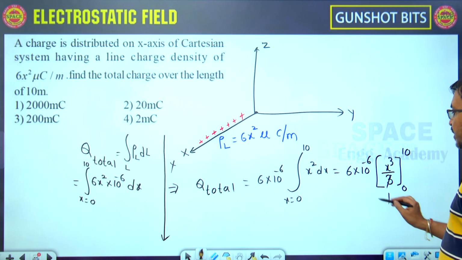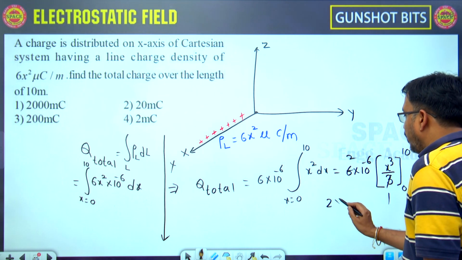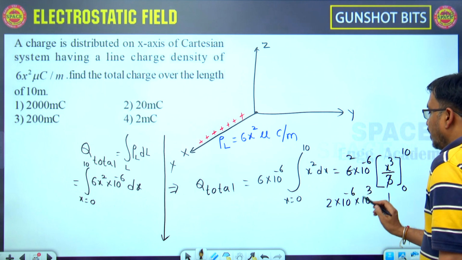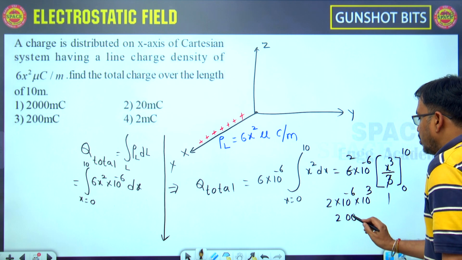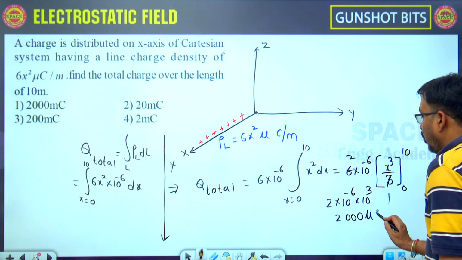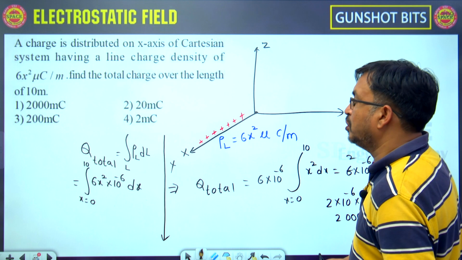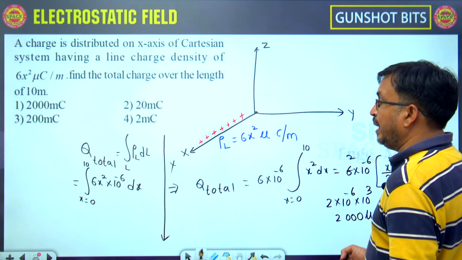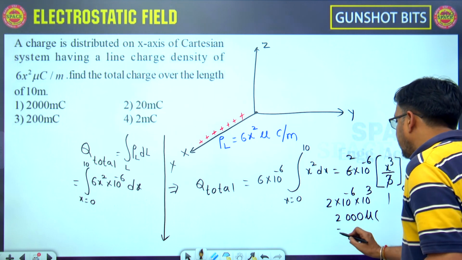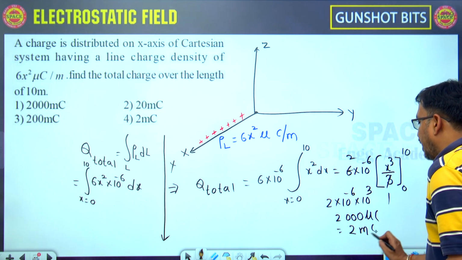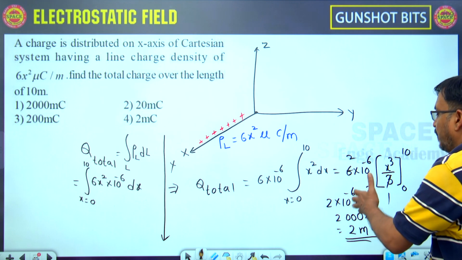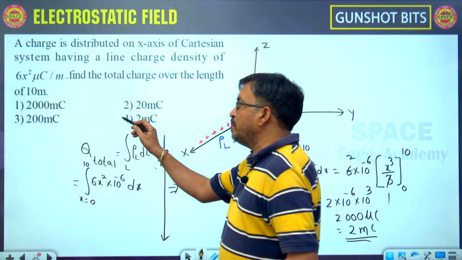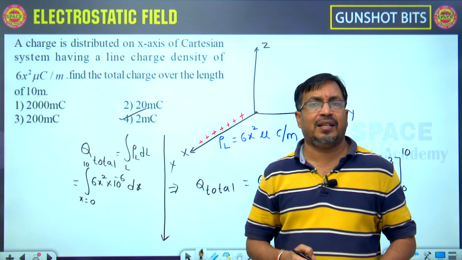So 6 by 3 is 2, giving 2 into 10 power minus 6, and the upper limit gives 10 power 3. That equals 2000 microcoulombs, otherwise 2 millicoulombs. Yes, 2 into 10 power minus 6 into 10 power 3 is 2 into 10 power minus 3, so 2 millicoulombs is the correct answer.